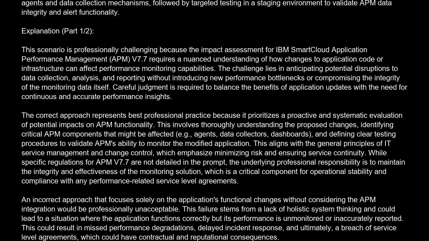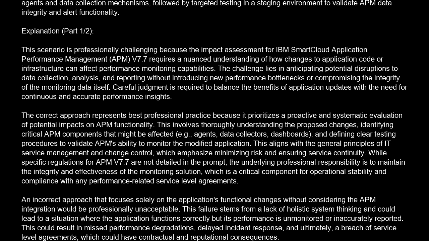The correct approach represents best professional practice because it prioritizes a proactive and systematic evaluation of potential impacts on APM functionality. This involves thoroughly understanding the proposed changes, identifying critical APM components that might be affected, e.g., agents, data collectors, dashboards, and defining clear testing procedures to validate APM's ability to monitor the modified application.